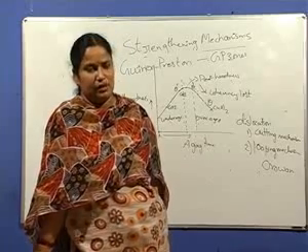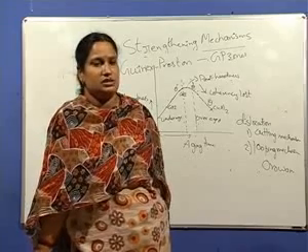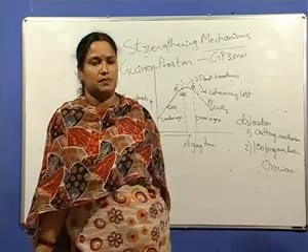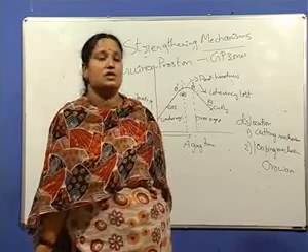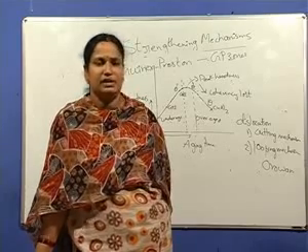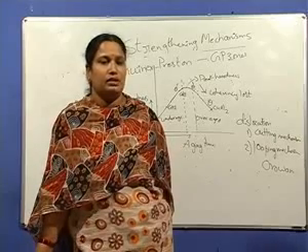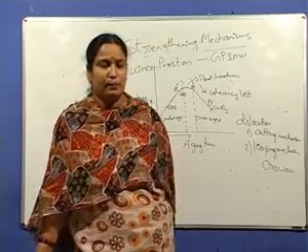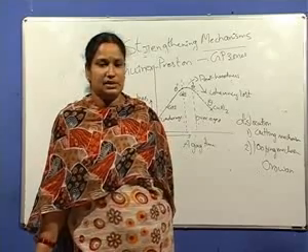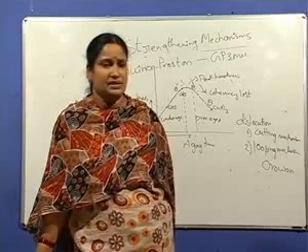So the two main strengthening mechanisms in precipitation strengthening are the cutting mechanism and the looping mechanism. These two mechanisms are based on how the dislocations break away through these obstacles, these second phase particles. If the precipitate particles are very fine, smaller in size and soft, they can be easily cut by the dislocations. So the mechanism that operates when the precipitates are very fine is the cutting mechanism.